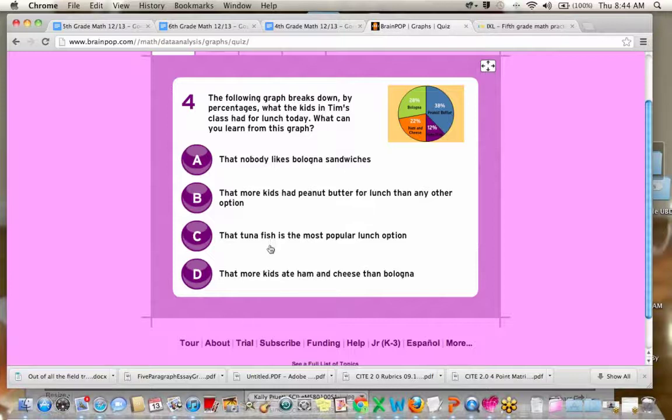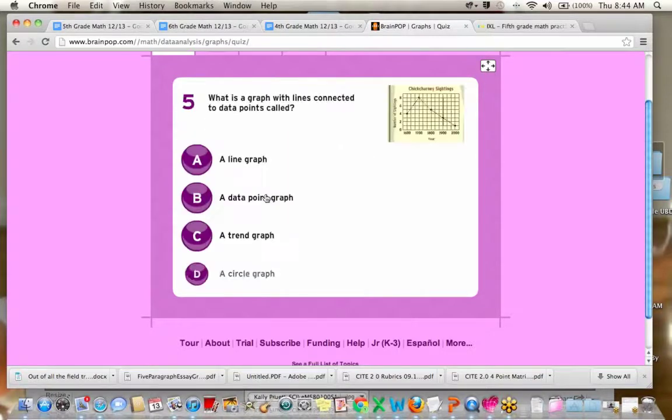C, that tuna fish is the most popular lunch option. Or D, that more kids ate ham and cheese than bologna. Okay, very good. Go ahead, Sierra. Which one is it? Is it B? It is B. Very good.